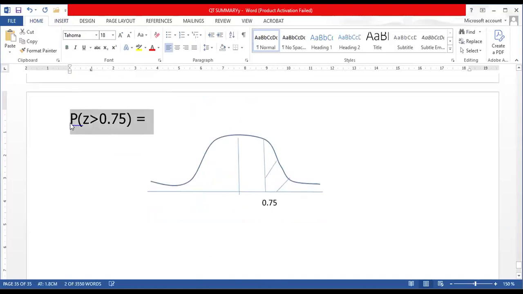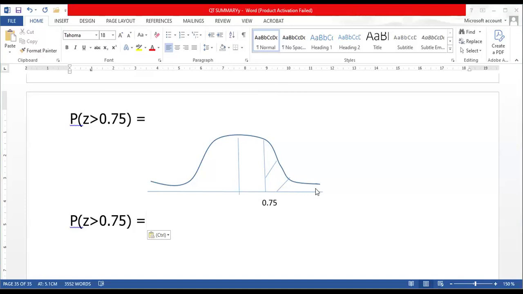It will be 0.5 minus the probability of 0 less than z less than 0.75. Yes, because you want only this region from here to infinity.